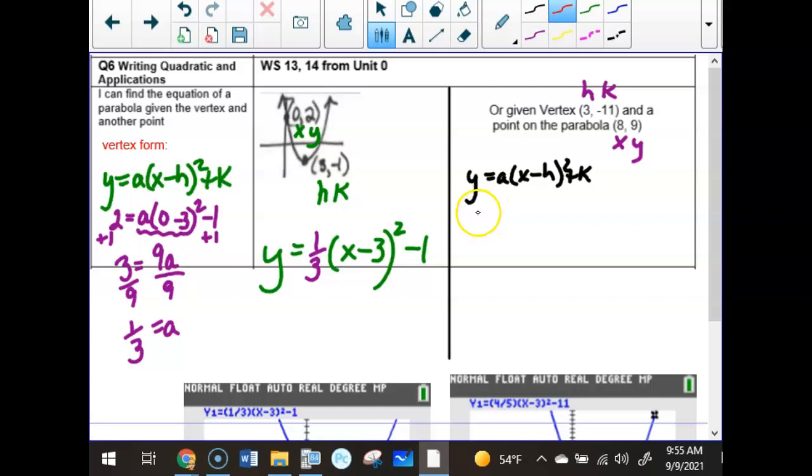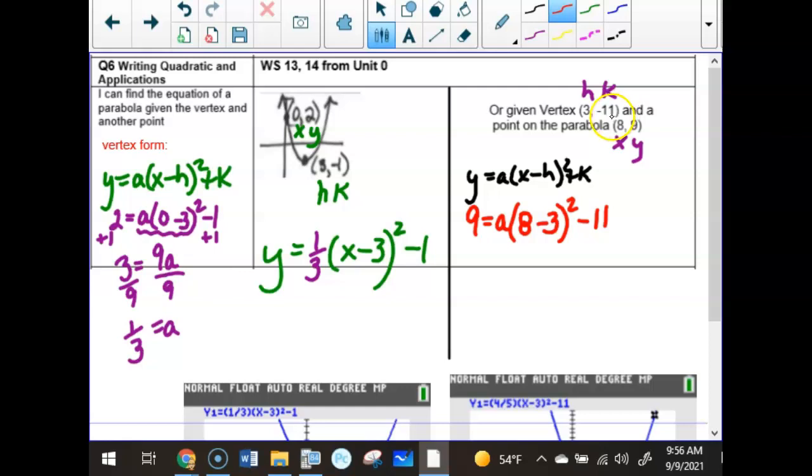Okay, so what am I putting in for y? 9. I'm looking for a. I'm putting in for x, 8, minus h would be minus 3 squared. Don't forget the squared. Plus k would be, yeah, k is negative 11.